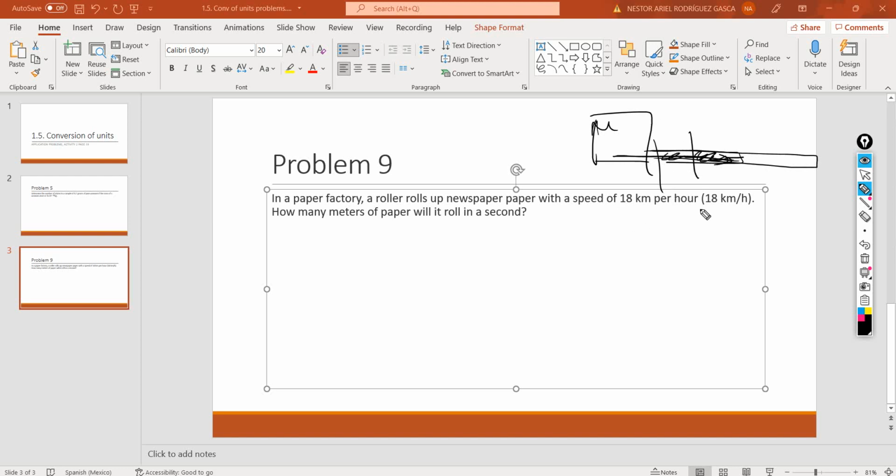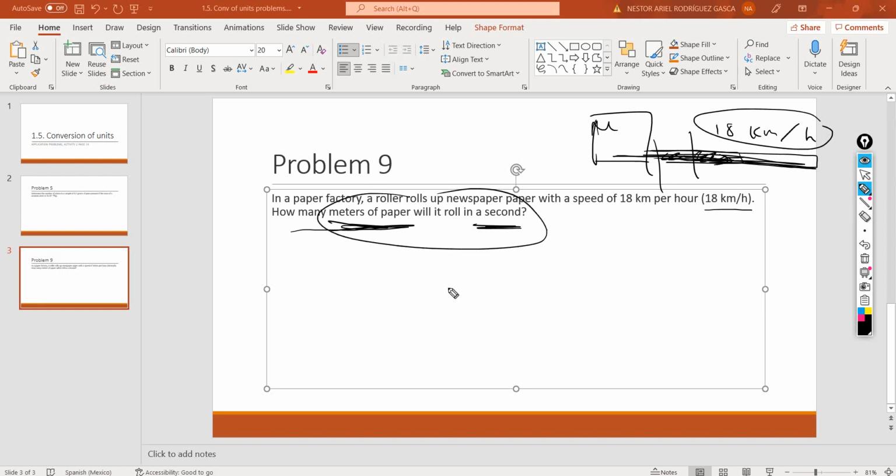At what speed? At this many kilometers per hour. In 1 hour, you're gonna have 18 kilometers of paper. And all they're asking you is basically how many meters of paper will it roll in 1 second? So I just need to transform this quantity into meters per second, and that's it, guys.